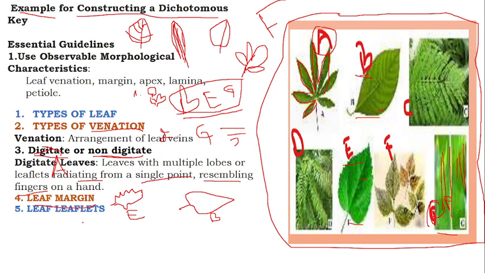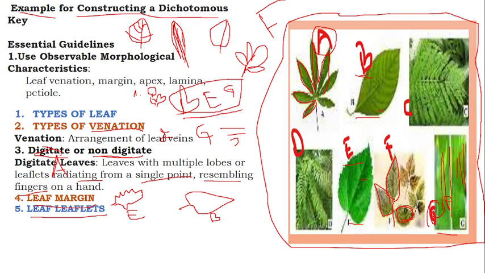So let's go to what we call leaflets. When we say leaflets, they are like this, meaning this is a vein. Now the vein is subdivided into other leaflets. It is one leaf, but this leaf is extra subdivided. Those are the leaflets.